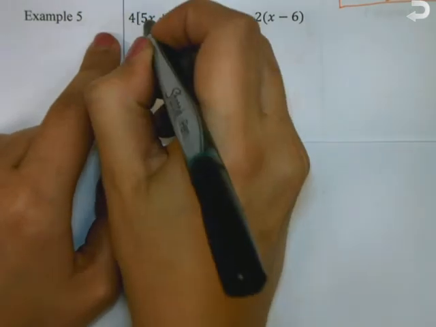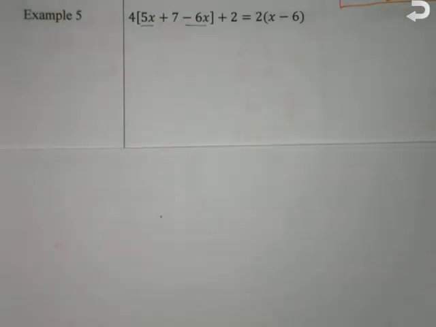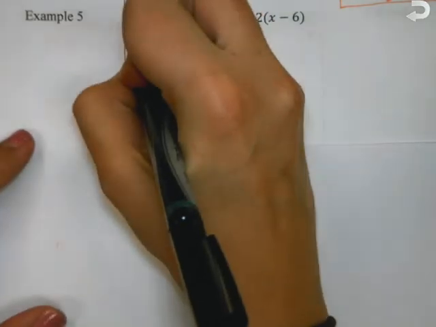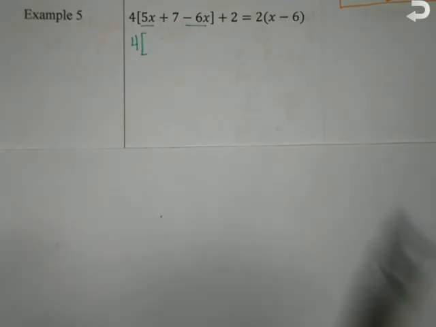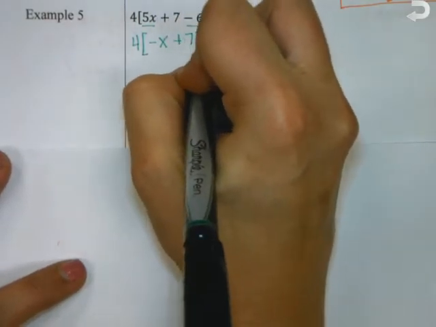So that's going to give me 4 bracket. What's 5x minus 6x? Negative x plus 7 plus 2 equals, I'm going to rewrite 2 times x minus 6.